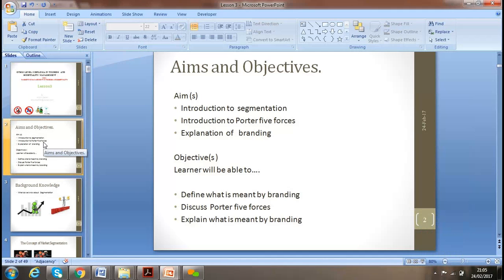Today's lesson will focus on an introduction to segmentation. We'll discuss segmentation and why we need to segment our market, our customer, our product, our brand. Then we'll discuss Porter's five forces, what those are and how they impact the hospitality industry. We'll discuss branding and why it is important in the hospitality industry.